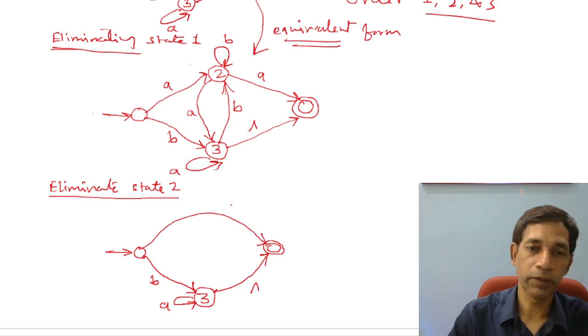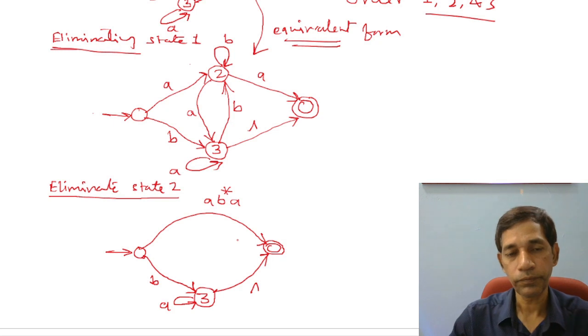And what is the resulting label? We have A, then at state 2 we have the loop, so this is B Kleene star, and then we have to concatenate with A. So A B star A, this is the resulting label.